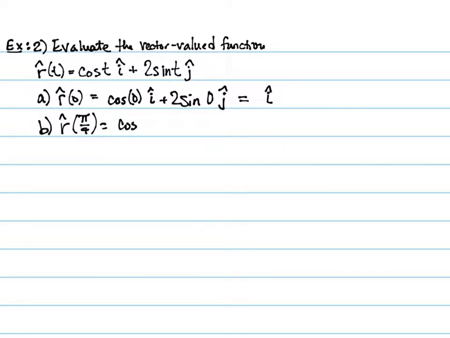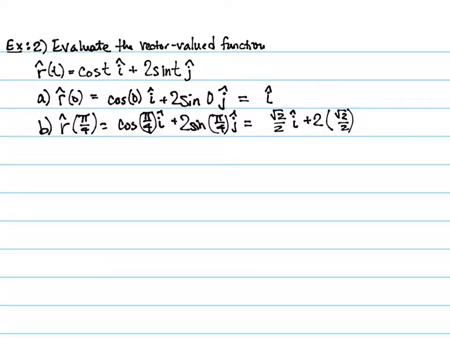How about pi/4, excuse me. So now I've got cosine of pi/4, i, plus 2 sine of pi/4, j. So what's the cosine of pi/4? Square root 2 over 2. And what's the sine of pi/4? Square root 2 over 2.